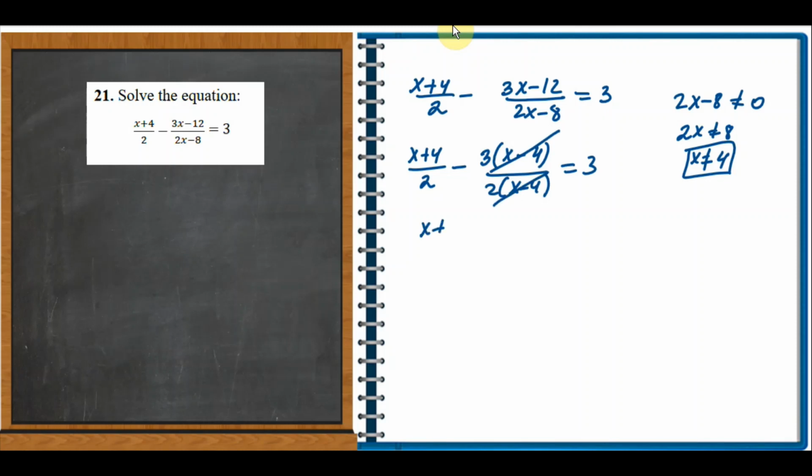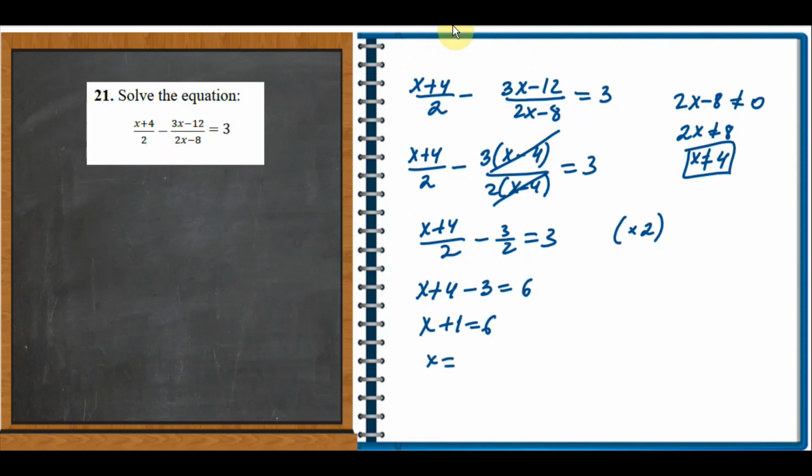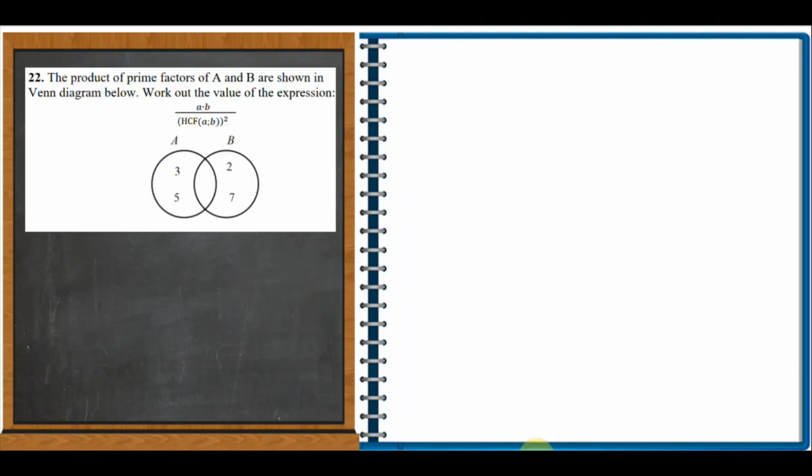We will get x plus 4 over 2 minus 3 over 2 equals 3. Now, in order to get rid of these fractions, we can multiply all the terms by the common denominator, which is 2. So it will be x plus 4 minus 3 equals 3 times 2. It's 6. x plus 1 equals 6. x equals 6 minus 1, which is 5. So the correct answer is 5.